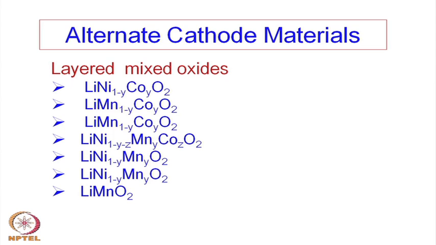So, obviously, our attention has to be paid to transition metal oxides. So, this is a list of transition metal oxides which have a potential application to replace cobalt oxide in the lithium ion battery system. Now, of course, not all of them are devoid of cobalt, in some of them cobalt has been partly replaced by nickel here, partly replaced by manganese.